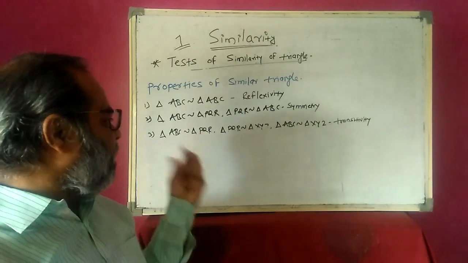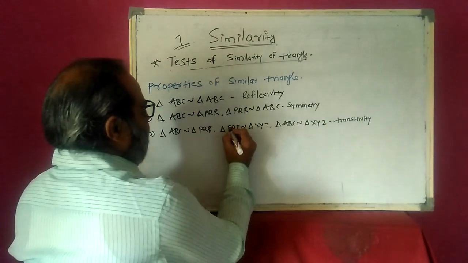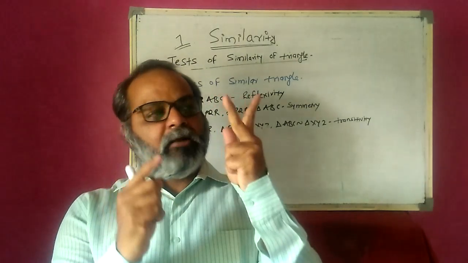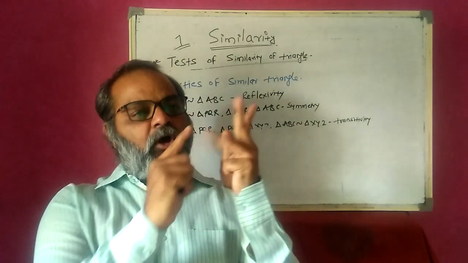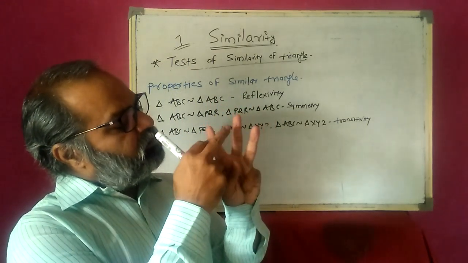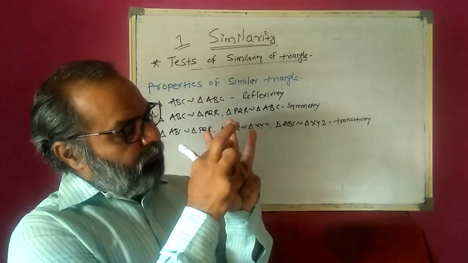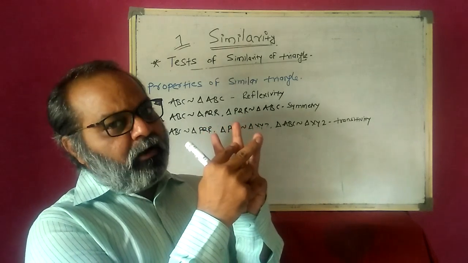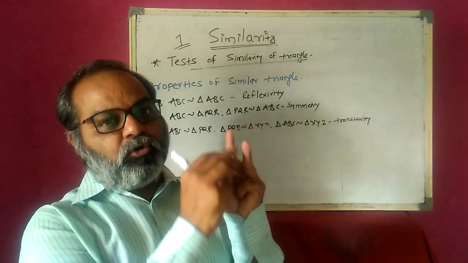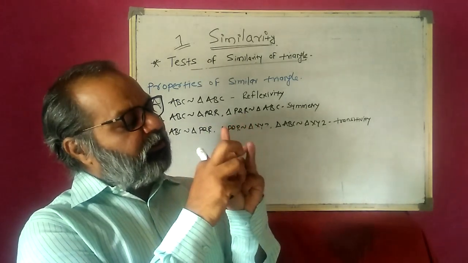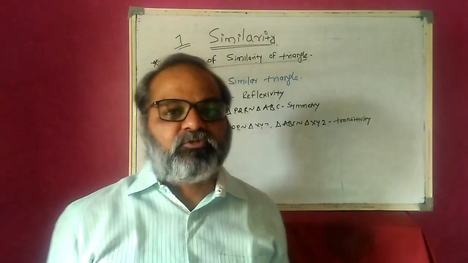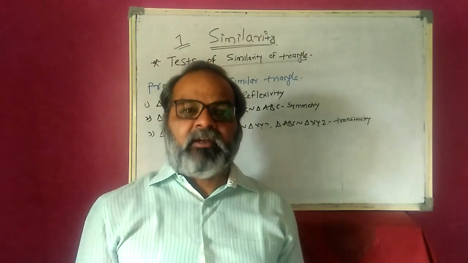And the third one: triangle ABC is similar to triangle PQR, and triangle PQR is similar to triangle XYZ. It means that PQR is common to both, so triangle ABC is similar to triangle XYZ. This property is called transitivity.